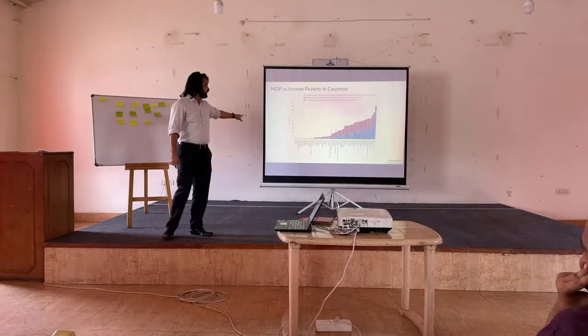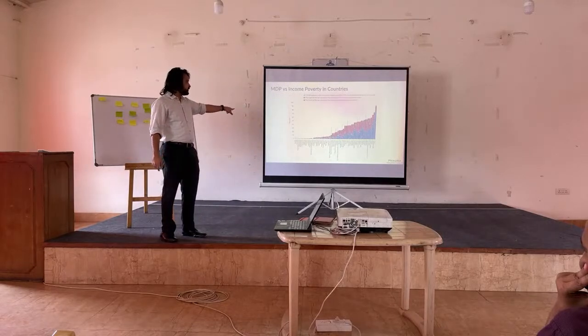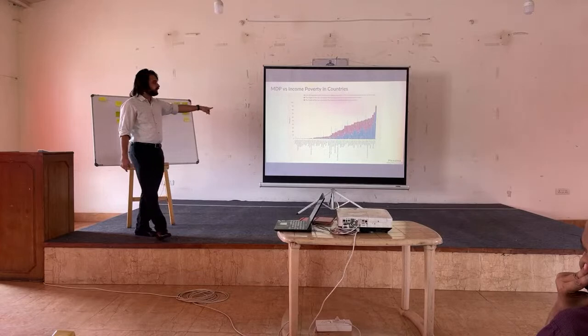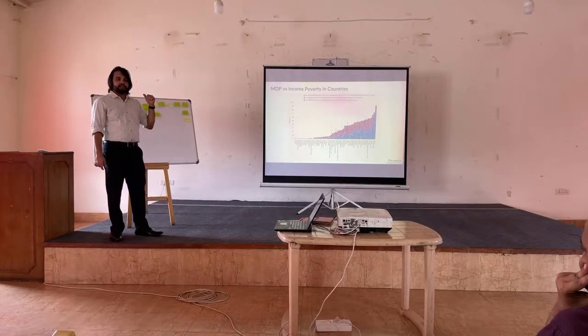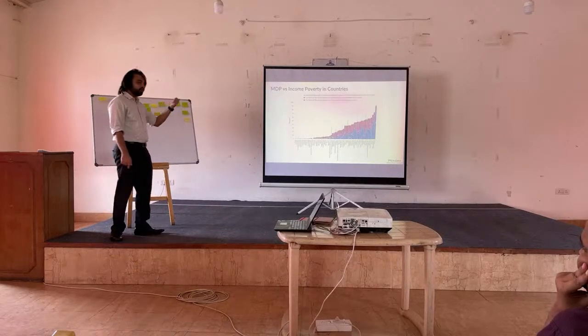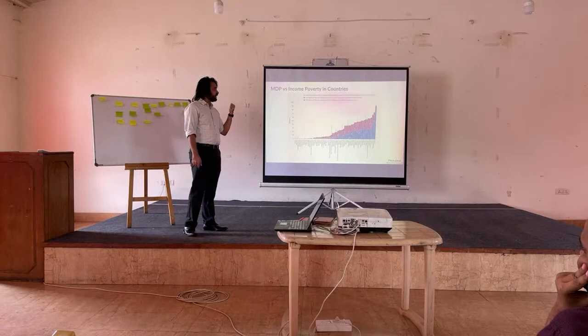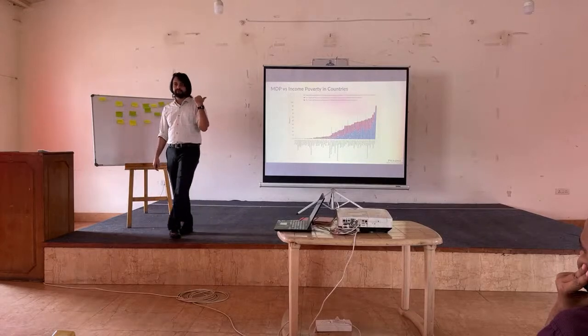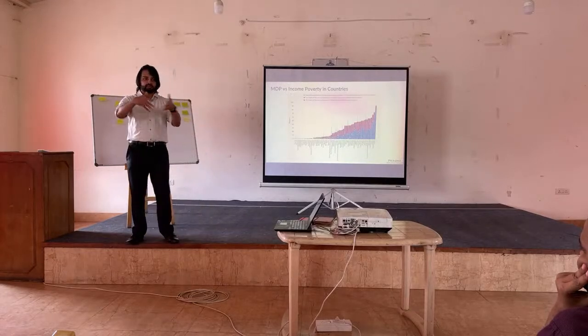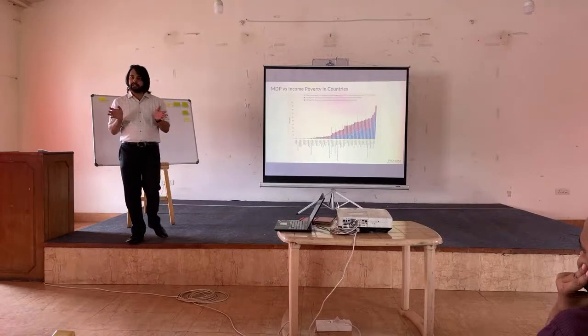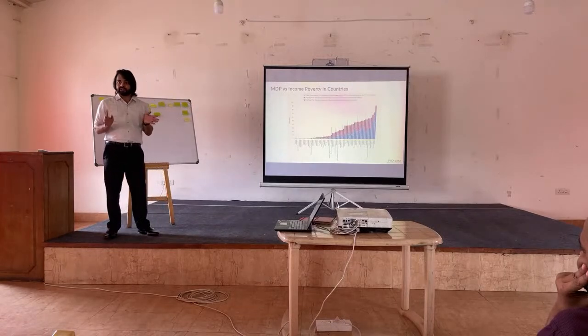So you're seeing that in the majority of countries, I think it's 43 out of 60 that we have studied, the number of multidimensionally poor people is more than the number of people who come from just income poor households. So income poor is not an effective proxy to actually capture the entirety of deprivation that people face.